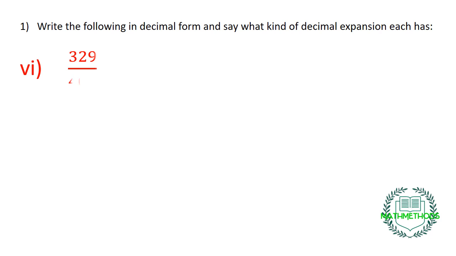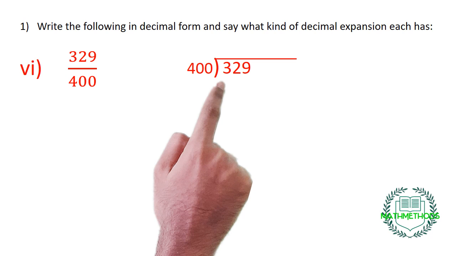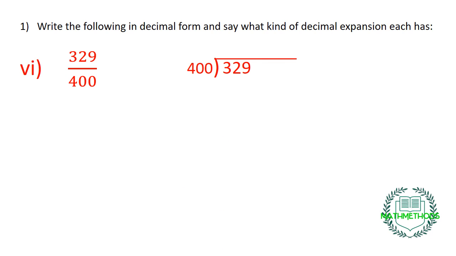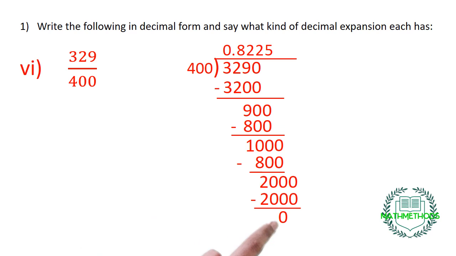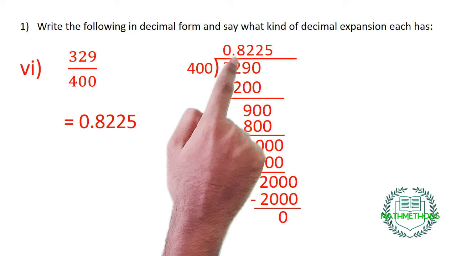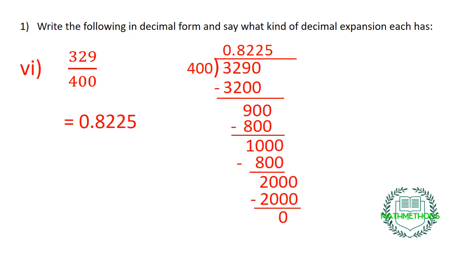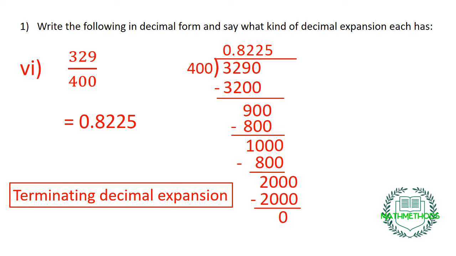Example 6. 329 upon 400. 329 divided by 400. Here we have performed the long division and we get the remainder 0. The quotient is 0.8225. Thus 329 upon 400 has a terminating decimal expansion.